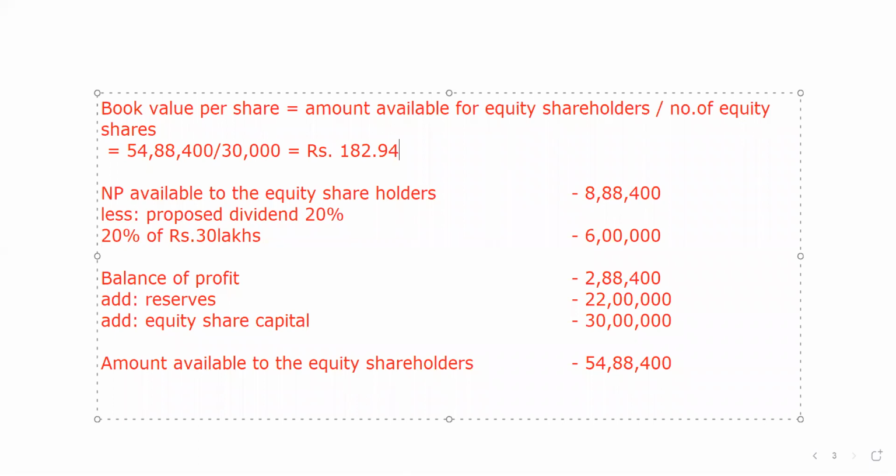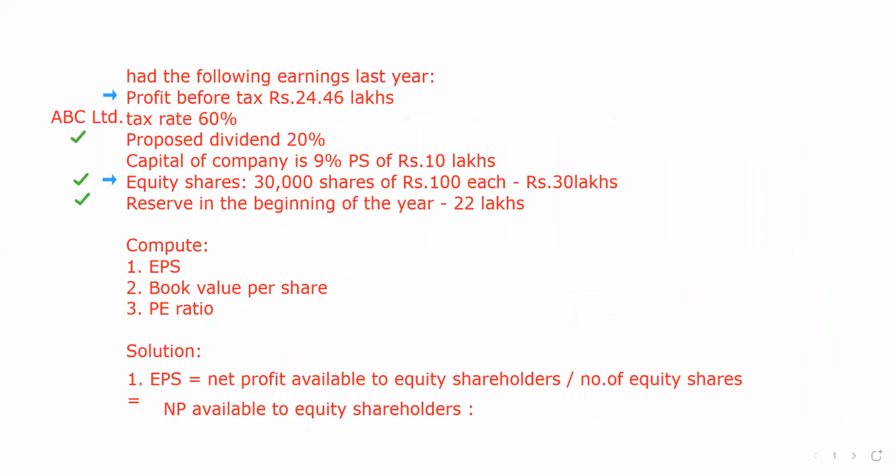That means the face value was rupees 100. But the book value is 182.94 rupees. So that is regarding book value, which is the second one. Is that clear? Yes, ma'am. Okay, so we are done with 2.